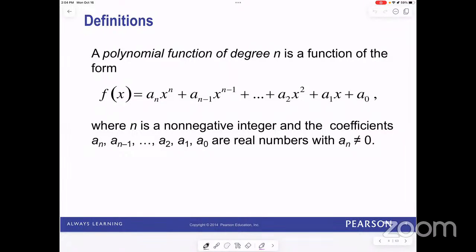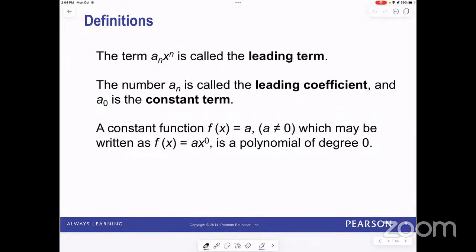The term a_n x^n is called the leading term. The number a_n is called the leading coefficient, and a naught is the constant term. A constant function f(x) = a, where a is not equal to 0, which may be written as f(x) = a times x to the 0, is a polynomial of degree 0.